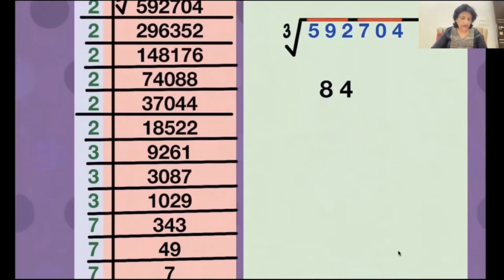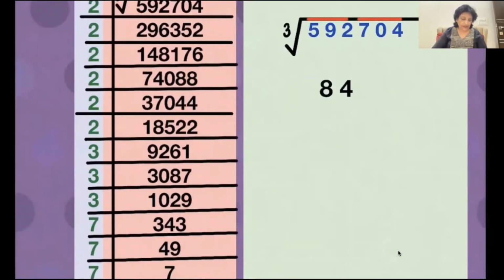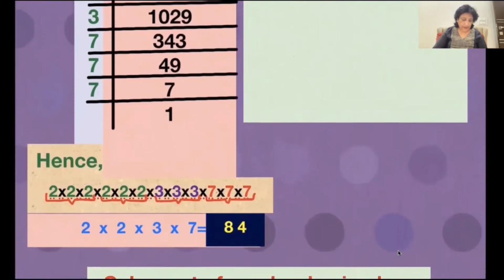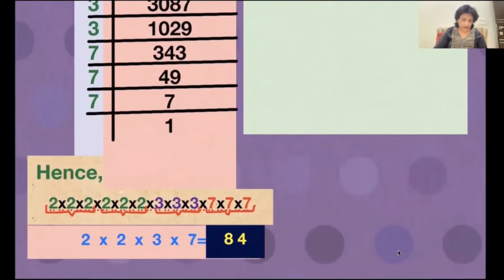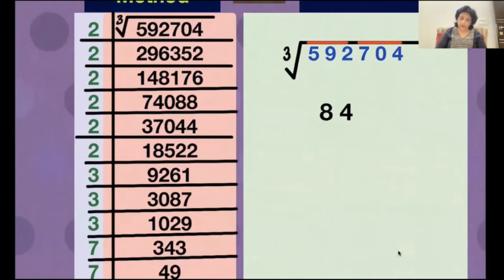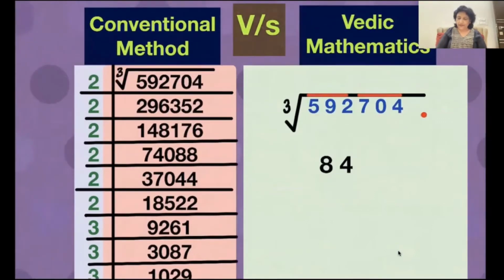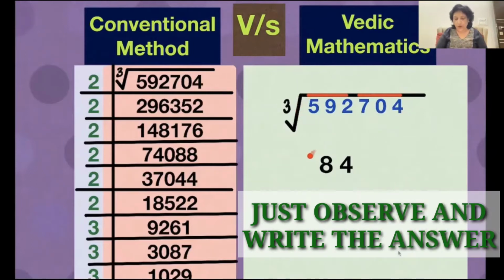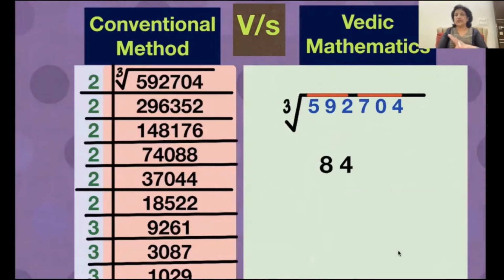We have used the prime factorization method, and we have found the cube root as 84. With Vedic mathematics also, we have got 84 as the cube root of this number, and believe me, I have not missed any step. We can find the cube root of a perfect cube just by observation. We don't need calculations at all. So let's learn how to find it.